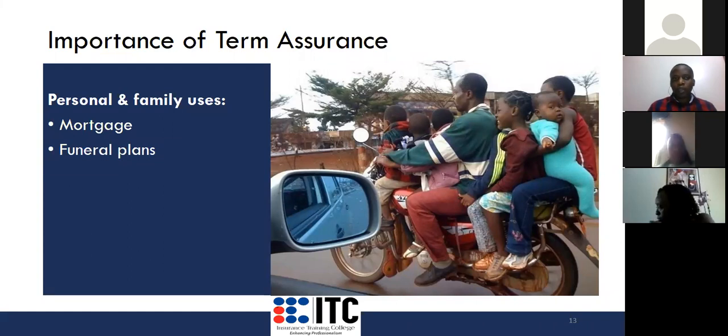Why it's really specific for this is because the interest in this arrangement is protection of an asset, that asset being the loan or the mortgage, and there's no interest in savings and investment. So it's purely protection.